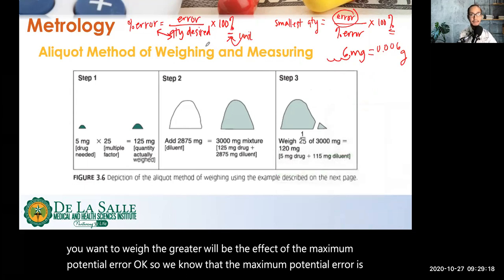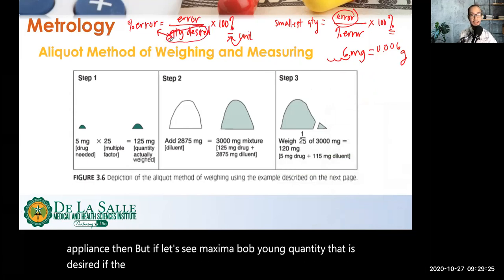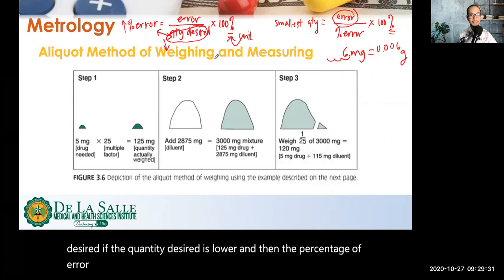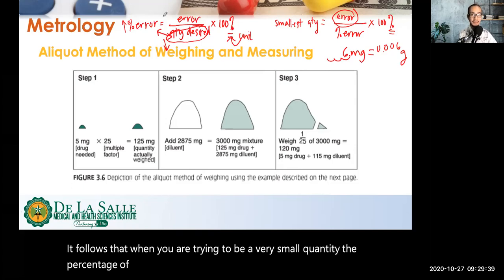But if the quantity desired is lower, the percentage of error also increases. It follows that when you are trying to weigh a very small quantity, the percentage of error increases for a given maximum potential error.